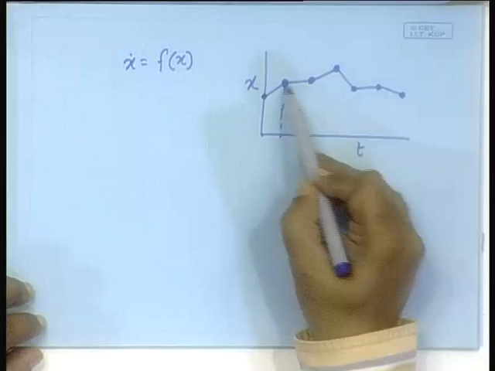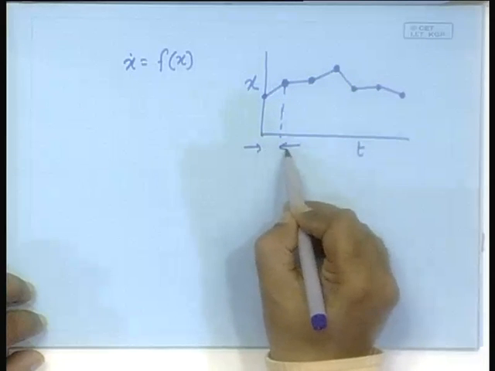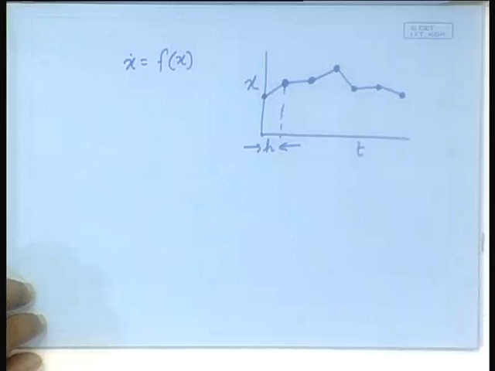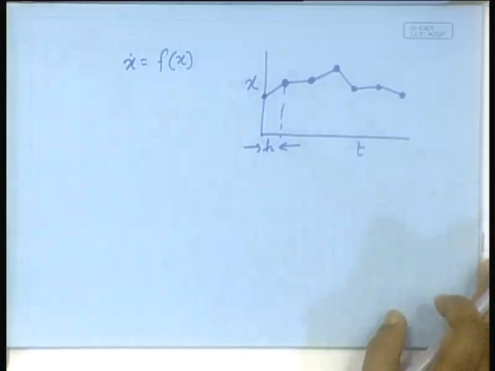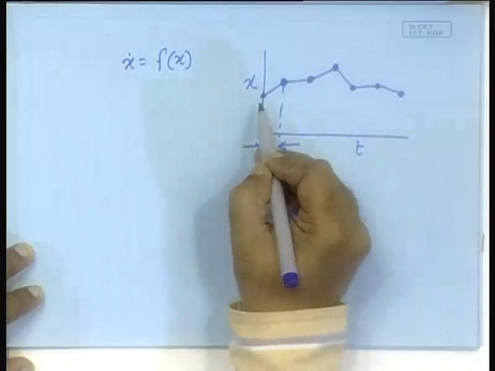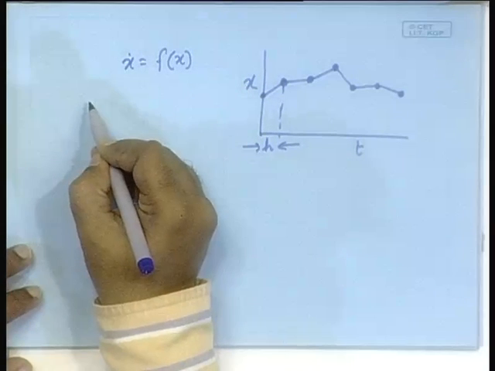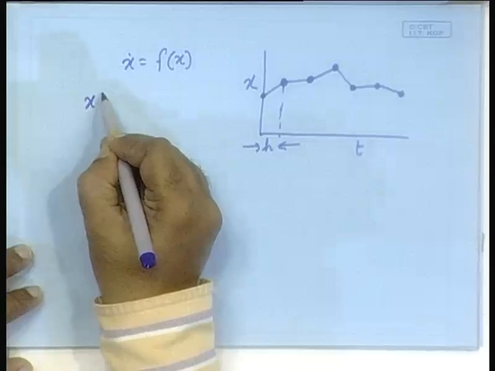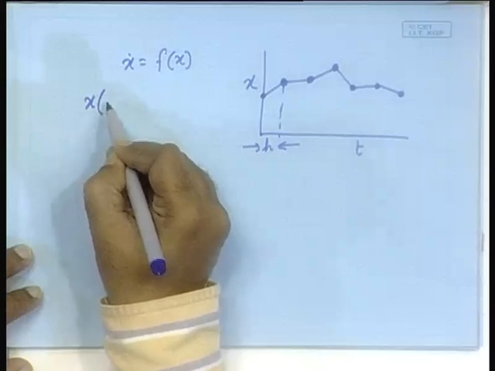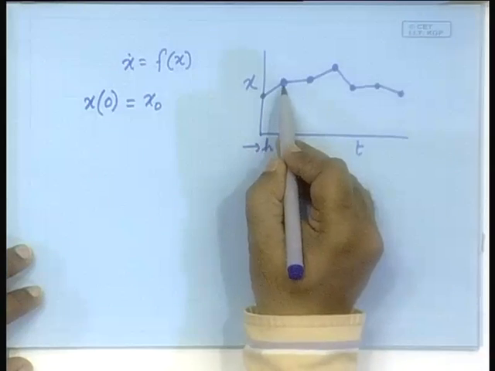But actually we are calculating in steps, and this step length, say, is h. So, if you let the initial value x at 0 be equal to, say, x naught, then x 1 is what?